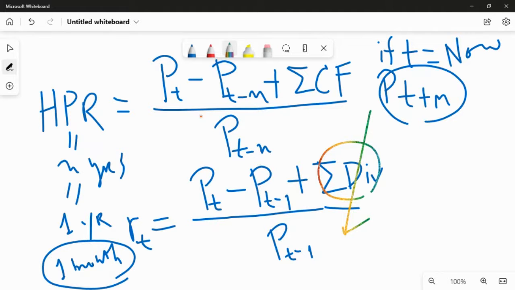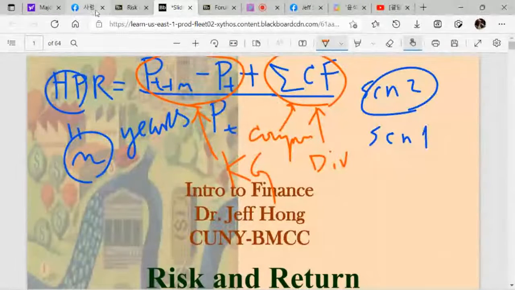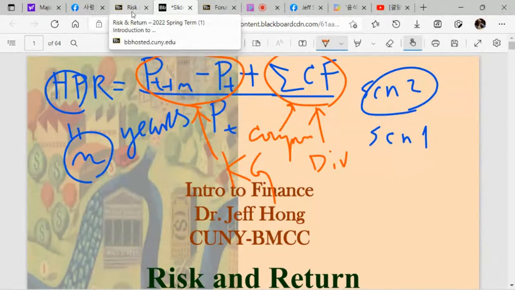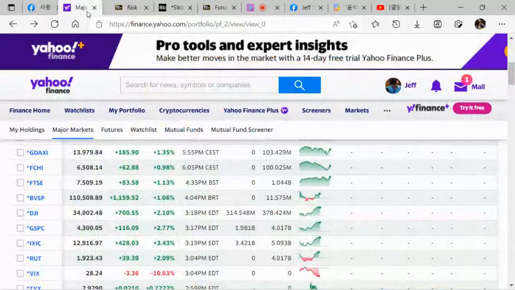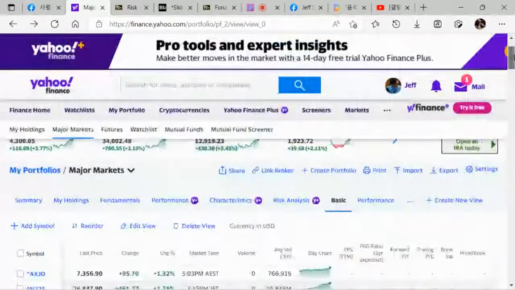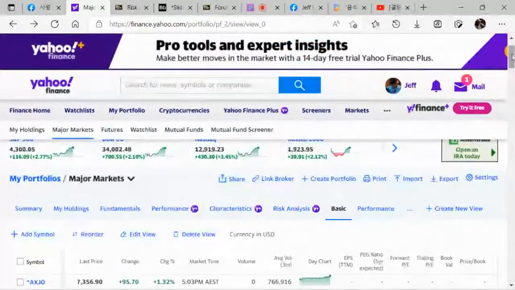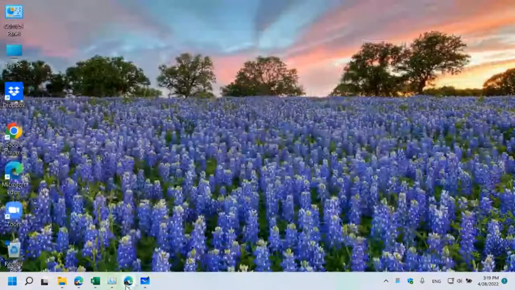So here, let's actually get the data to find return. So I want everyone to go to Yahoo Finance. Are you all there? Are you in Yahoo Finance?